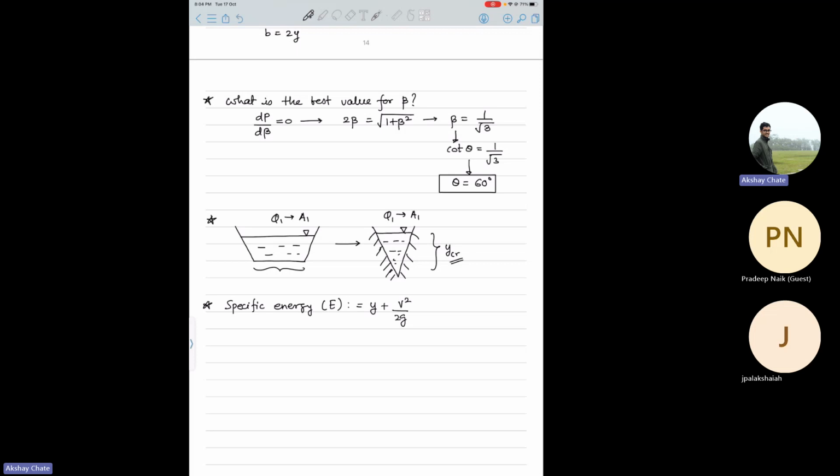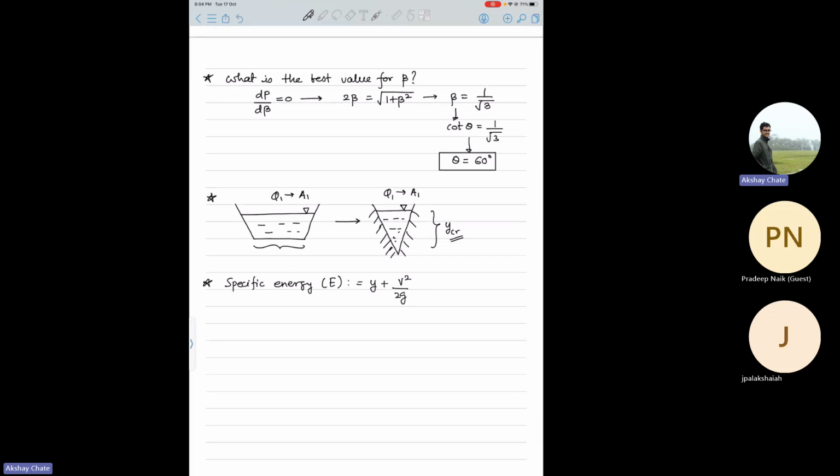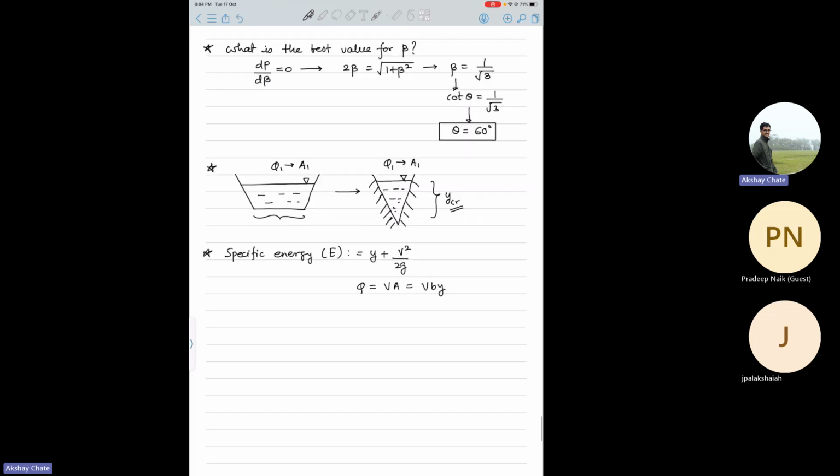And they write this velocity in terms of flow rate, because flow rate is velocity times cross-sectional area. They write the cross-sectional area as channel width times y, and convert this expression of E in terms of y, so it becomes a function of y.